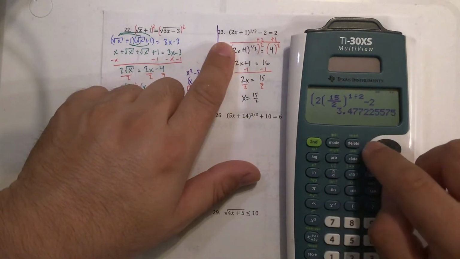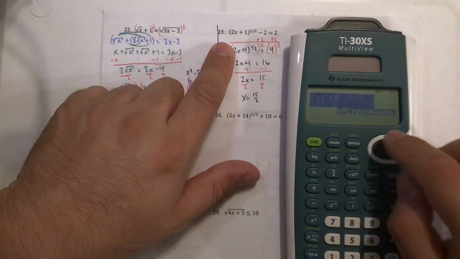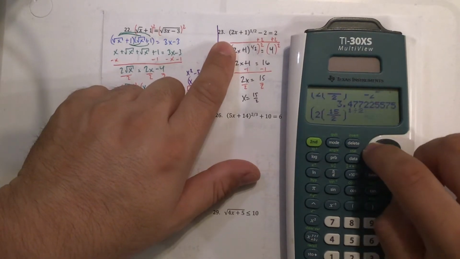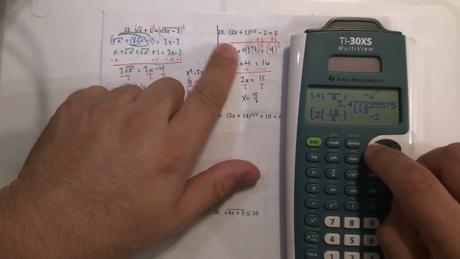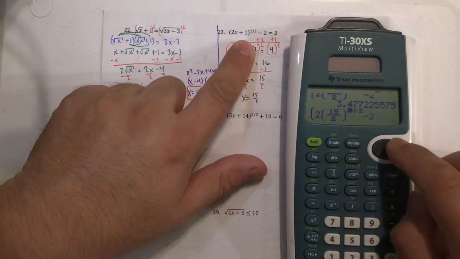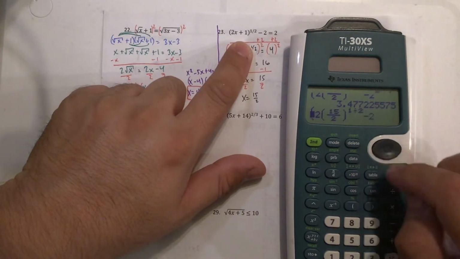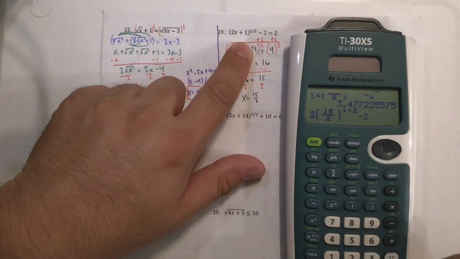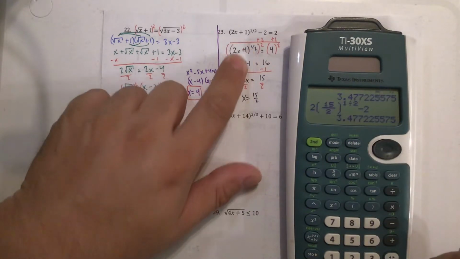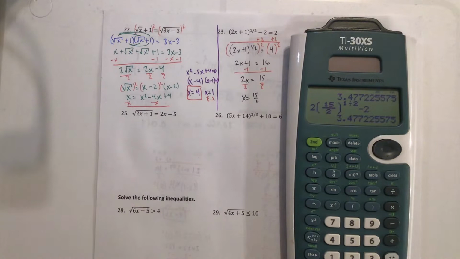So let's just verify, and I did not do this right. I'm looking at it right now. Let's see if that makes a difference. Nope, does not make a difference. All right, let me just verify. I want to make sure there's no mistakes here.